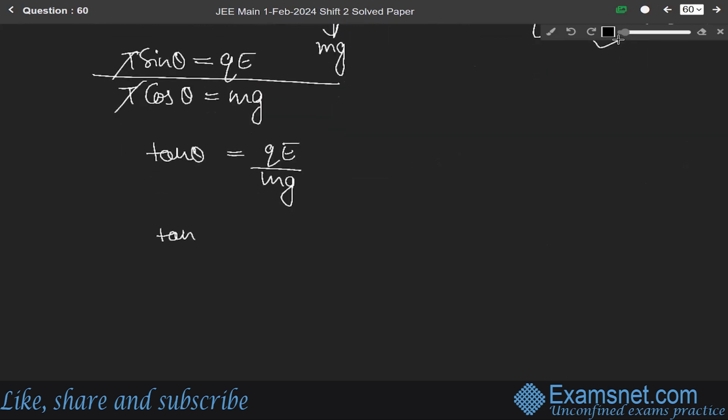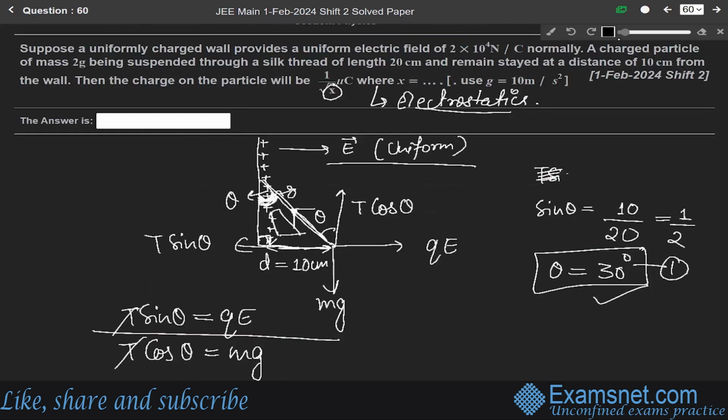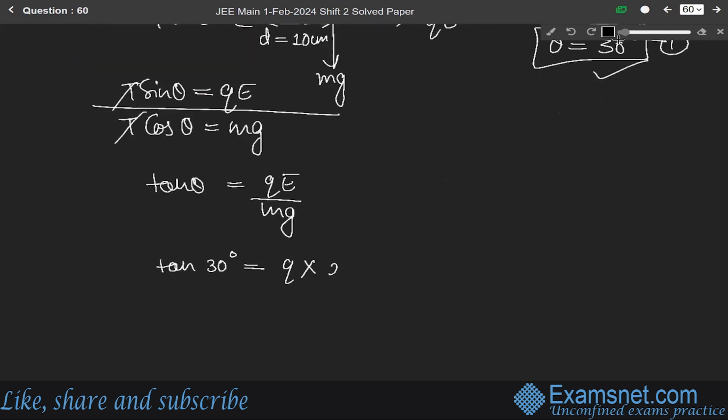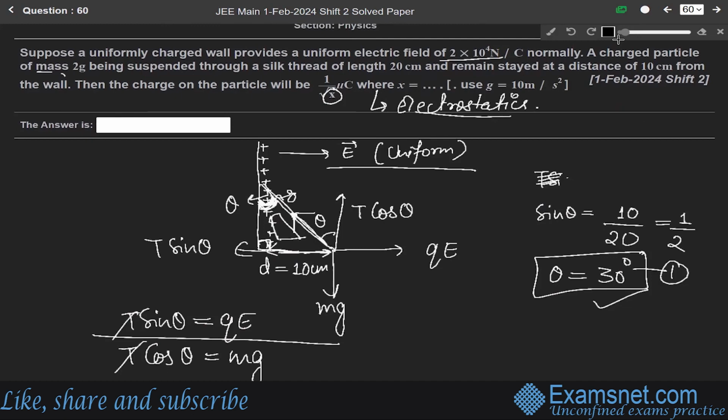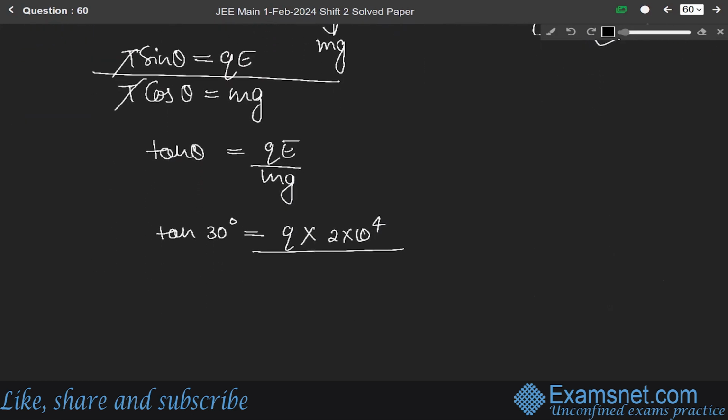So tan 30 will be equal to Q into E, where E is given as 2 into 10 to the power 4, over the mass. Mass is 2 gram, that is 2 into 10 to the power minus 3, into gravity 10.